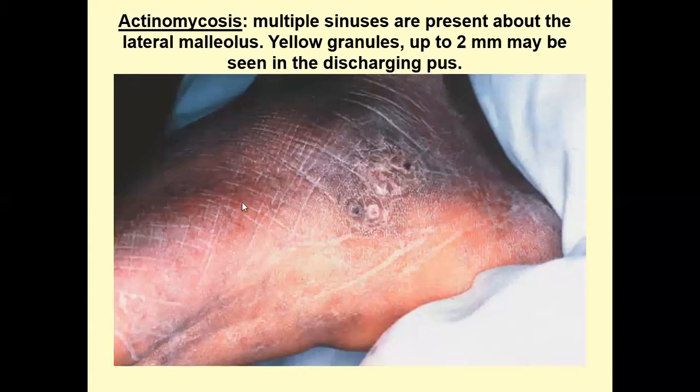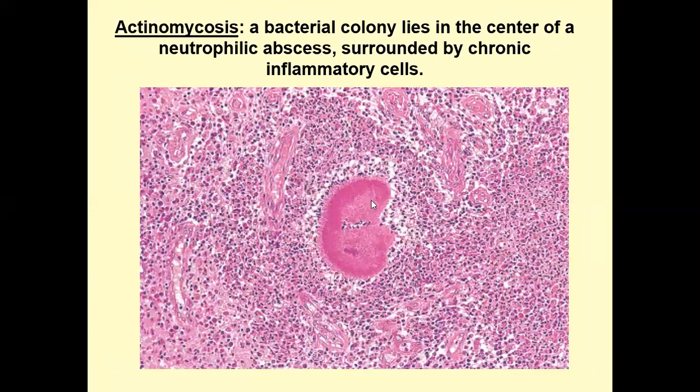And here it is in the form of Madura foot. The H&E appearance will be similar to what we saw in botryomycosis. Surrounding these colonies there will be a neutrophilic infiltrate, and surrounding the neutrophilic infiltrate there will be a granulomatous infiltrate.